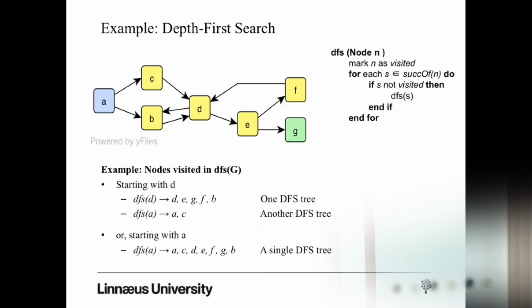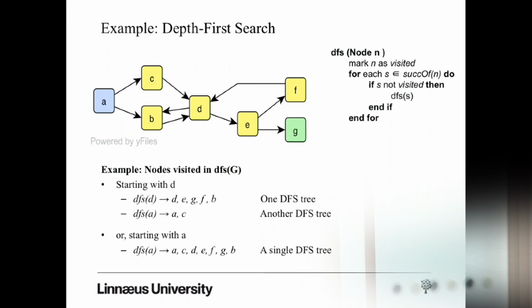Okay, this time I decided to go the G way first, and on the G I check, G doesn't have any successor, so I will go back to E, mark it as visited, and then for the other successor F, okay, I mark it as a visited one, and then for each successor of F, F has a successor D, but that has been already visited, so I don't need to call it again.